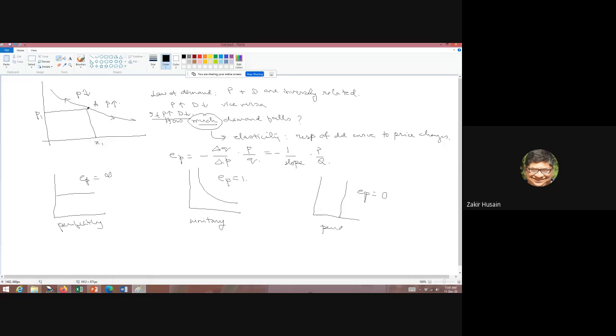This is perfectly inelastic. And in between, we have this, which is called highly elastic or elastic, and this is called inelastic. Okay.